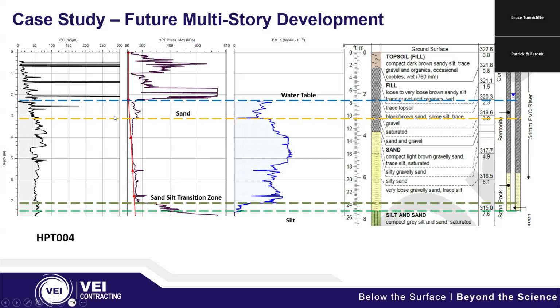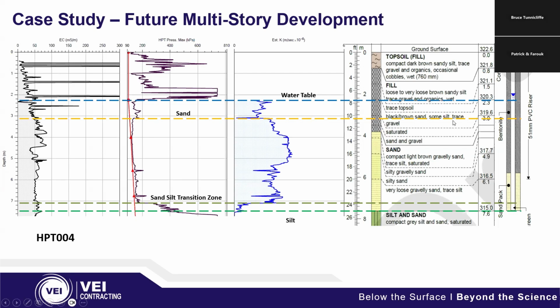Then we have a sand layer that we're picking up here on the HPT, and if we look above the sand, we're looking at fill essentially from surface down to just under 3 meters. And we're seeing some variability within our EC, and that would be looking at maybe there's a silt layer in here, or there's a very thin clay lens or something like that.